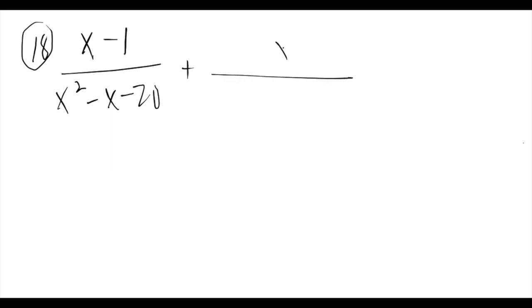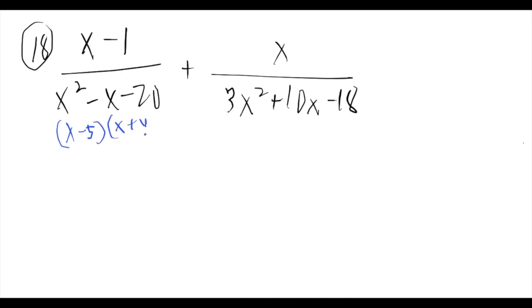Number 18, we have x minus 1 over x squared minus x minus 20 plus x over 3x squared plus 10x minus 18. Okay? So, i-factor muna natin itong dalawa para makita natin kung ano ang LCD natin. Okay, so, ang factors natin dito would be x minus 5 times x plus 4.